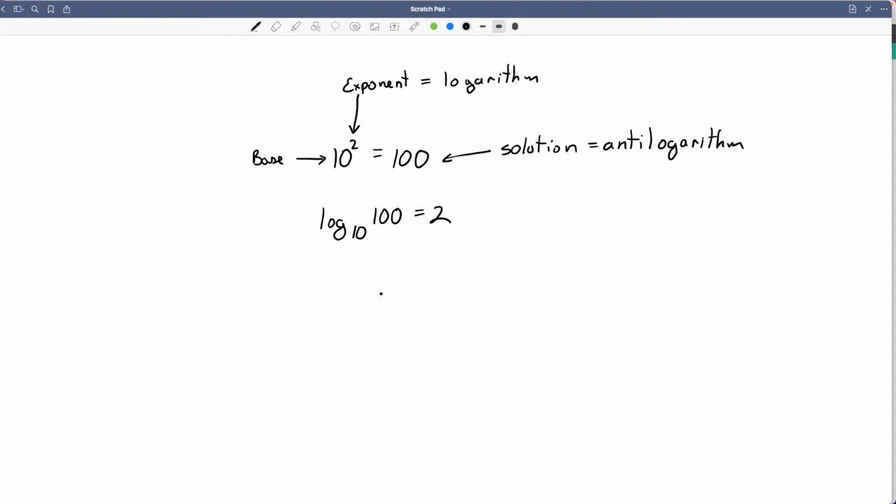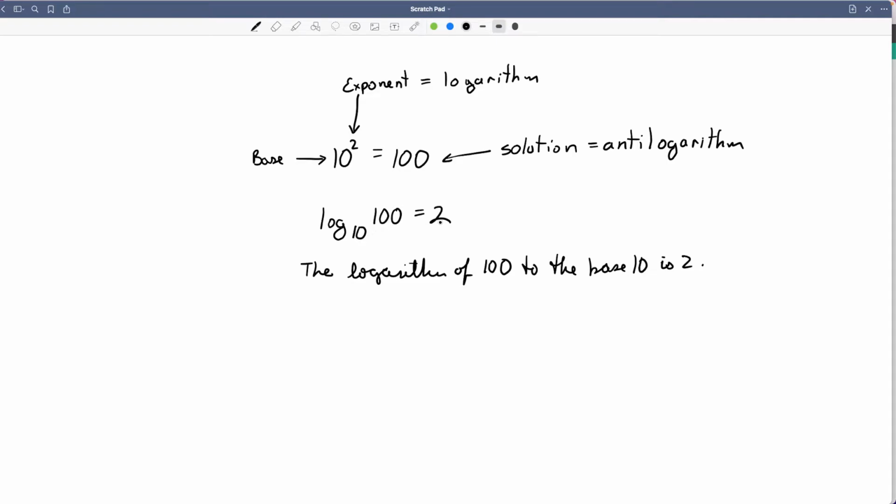And the way we would say that is the logarithm of 100 to the base 10 is 2.